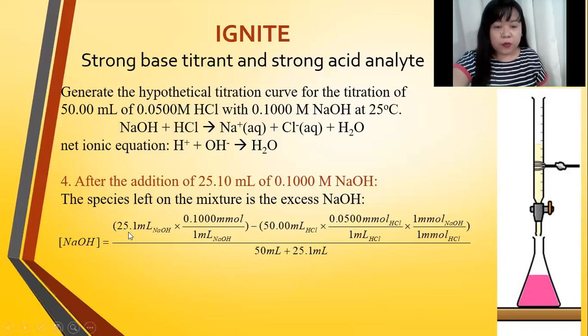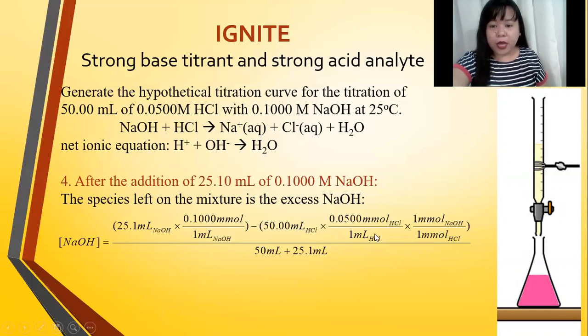So here, we start with the volume of the titrant multiplied by the molarity of the sodium hydroxide titrant, and we cancel mL NaOH. And then here we start with the volume of the acid times the concentration of the acid times the mole ratio of the acid and the base, so that we are able to convert this whole term into millimoles NaOH.